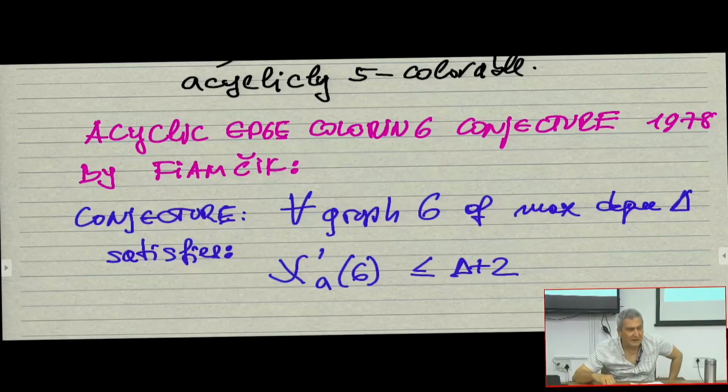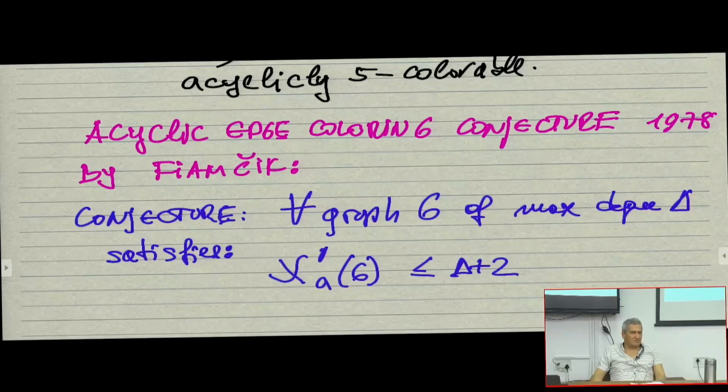So we speak about the chromatic index, the acyclic chromatic index. I didn't define it now, but I tell you now, this is the acyclic chromatic index, not number, index. So we color here the edges. Obviously, it must be at least delta, probably delta plus 1.